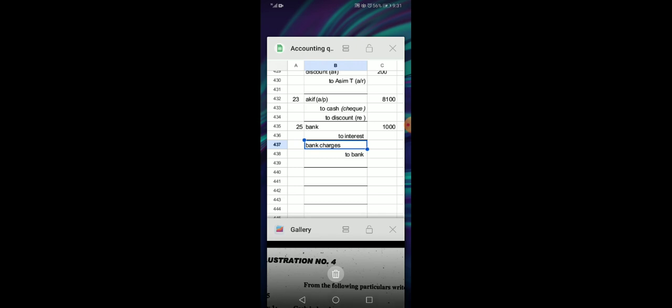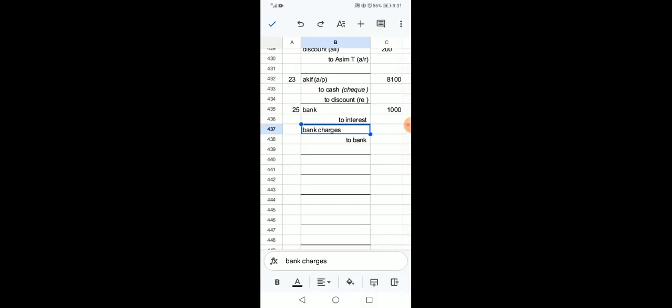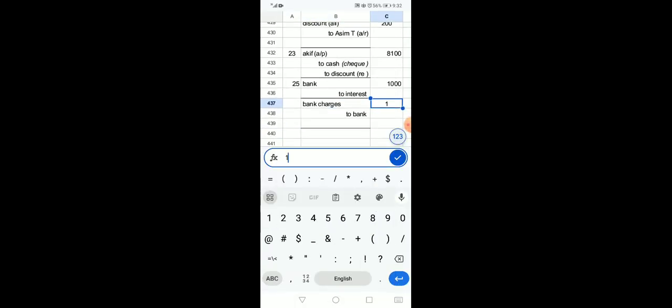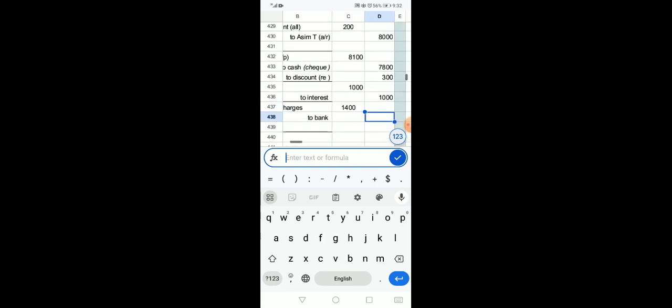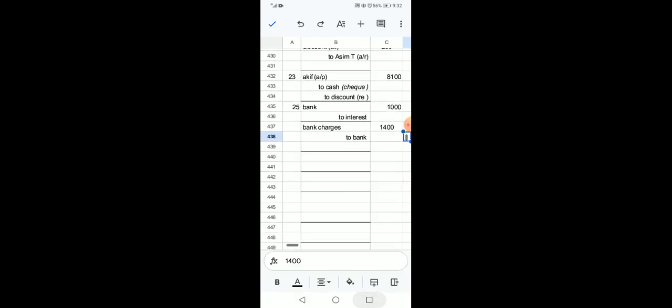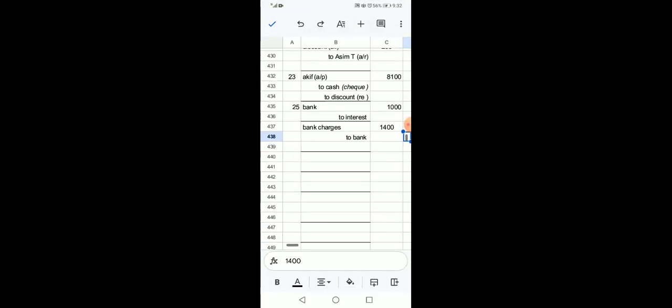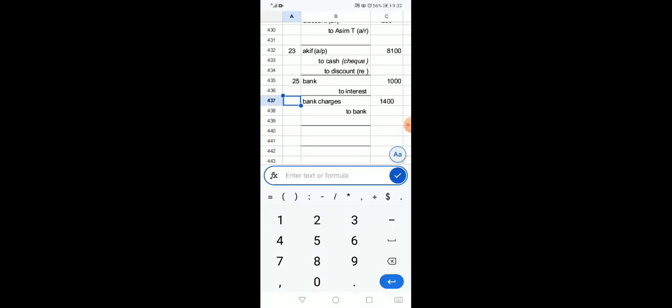Yes, bank charges are expenses and should be mentioned on the debit side. How much is the amount of bank charges? It is 1400, so you will mention 1400 on the debit side and 1400 on the credit side. The date of this entry was 31, so you will mention 31 over here.